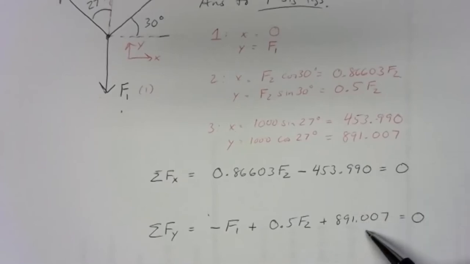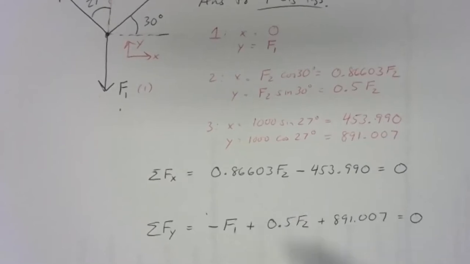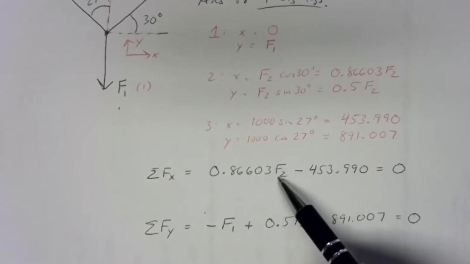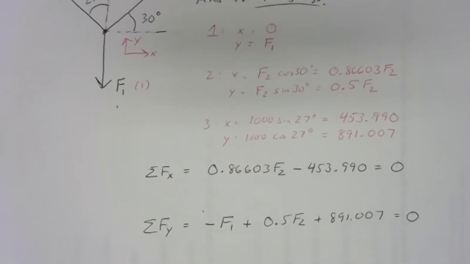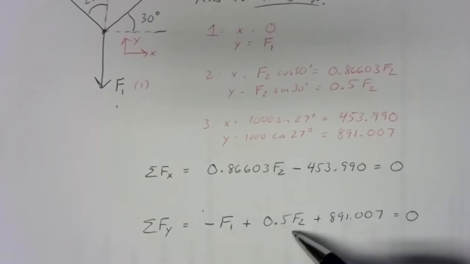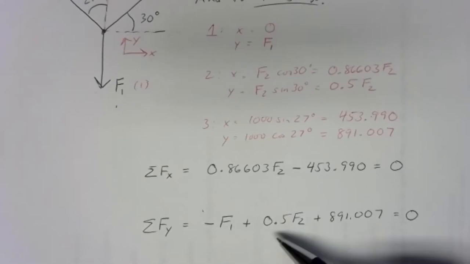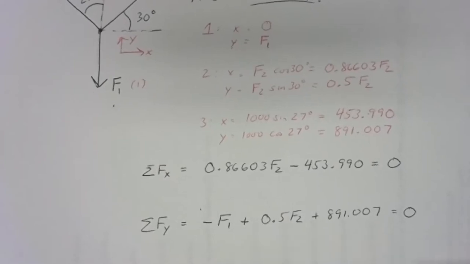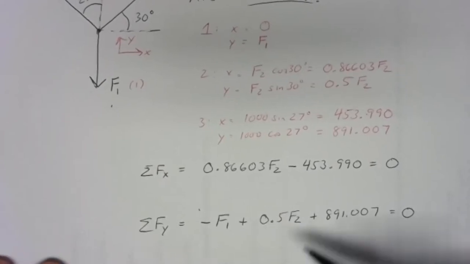Although we can't solve the y direction equation, we have too many unknowns there, we only have one unknown in our x direction equation. So that'll let us solve for F2. And then once we have F2, we can plug it into the y direction equation and solve for F1. So let's go ahead and do that.